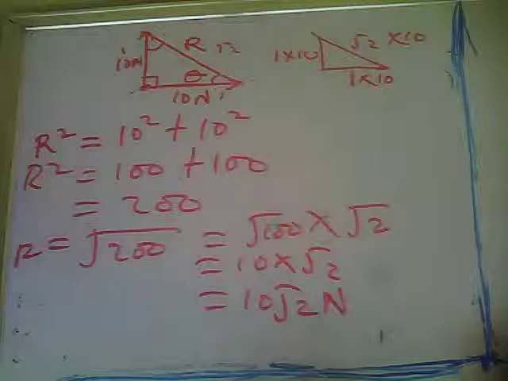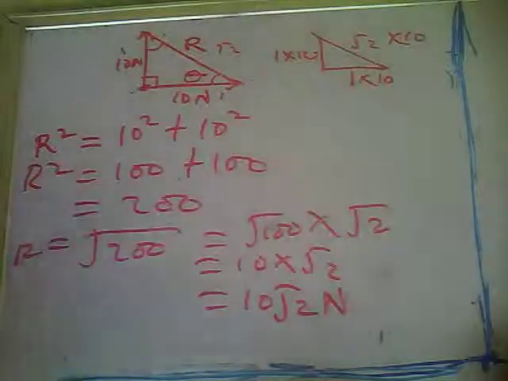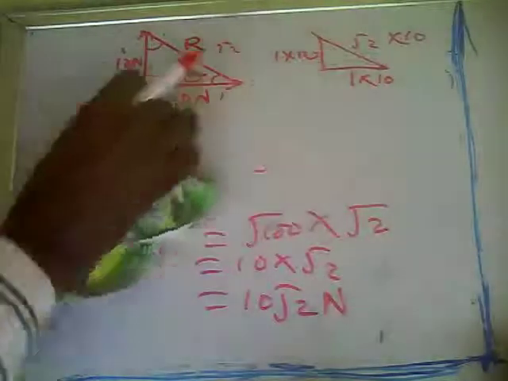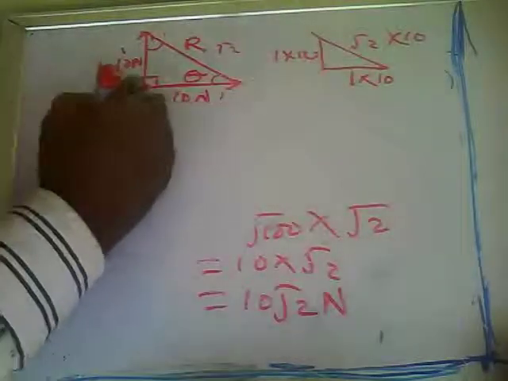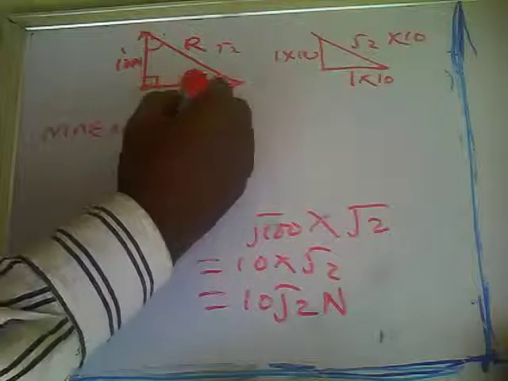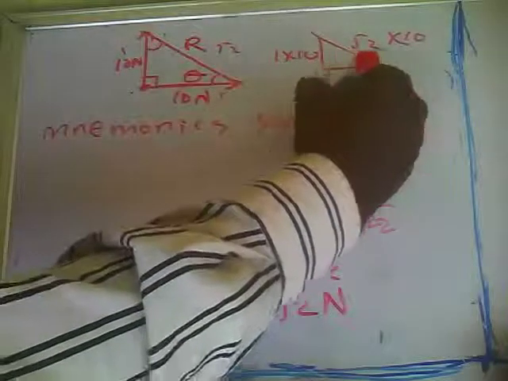The next thing is to find the direction. The direction is theta. Now, finding the direction is very easy. We use the mnemonic that we call SOHCAHTOA in mathematics.